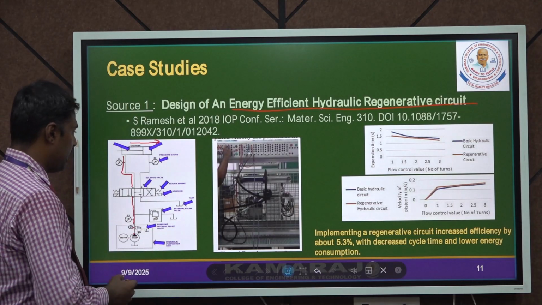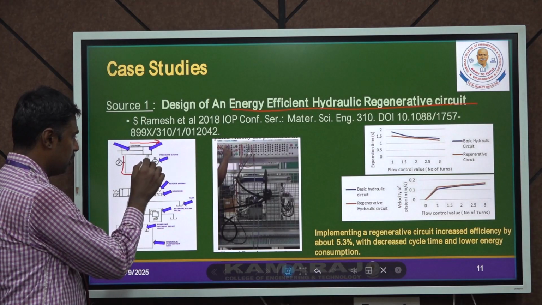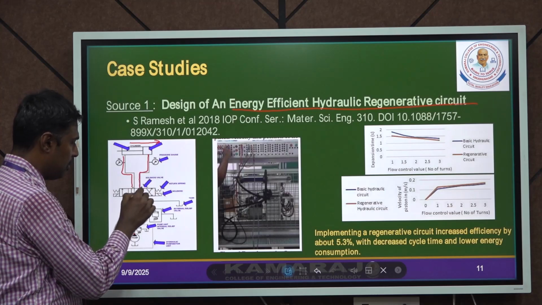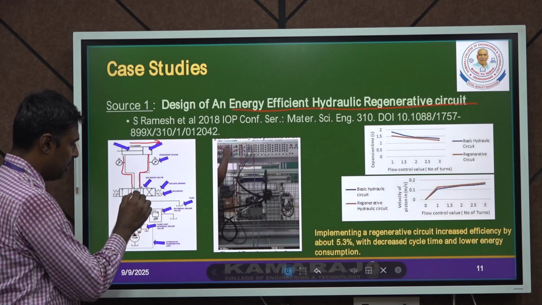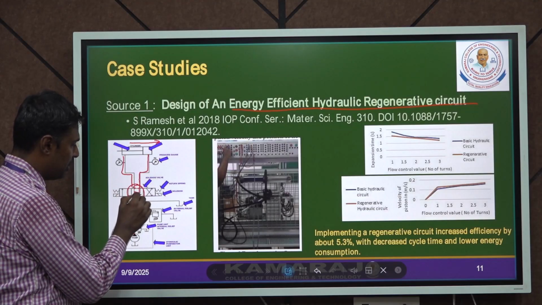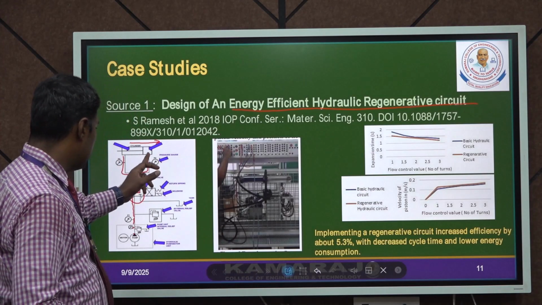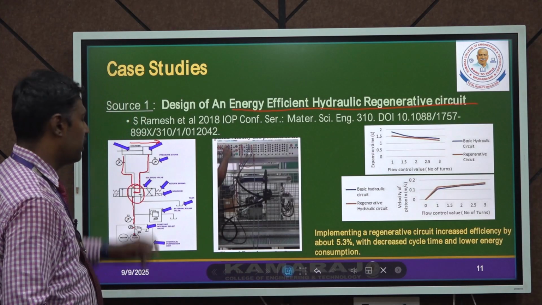At the same time, if you look at this circuit connection, the excess fluid is not directly returned to the reservoir. If you look at this area, it is bypassed here, so the fluid is sent back to this particular cylinder.